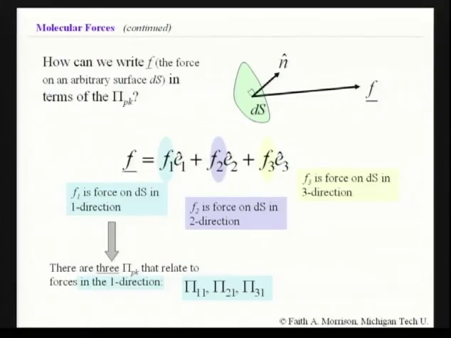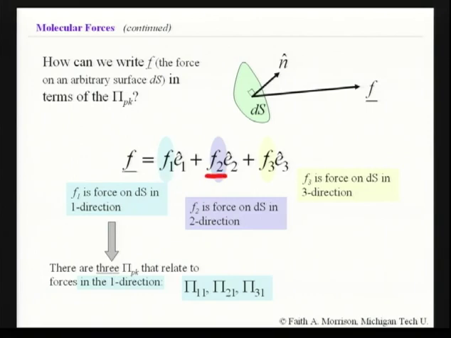So here it is. This is how we did it. We picked an arbitrary point. We picked an arbitrary surface. This is the force on that surface in our fluid. It's a vector. Without knowing anything about it, we can write it in our coordinate system as F1E1, F2E2, F3E3. In words, F1 is the component of the force in the 1 direction.